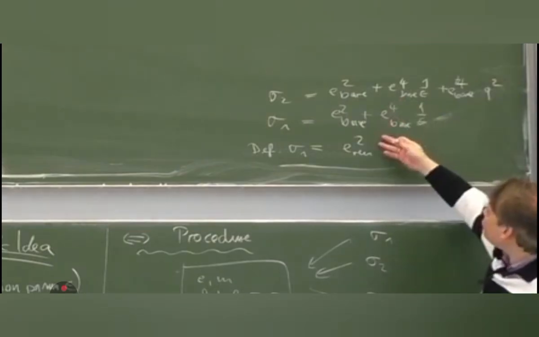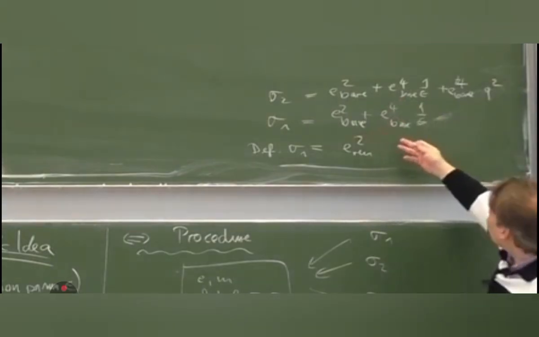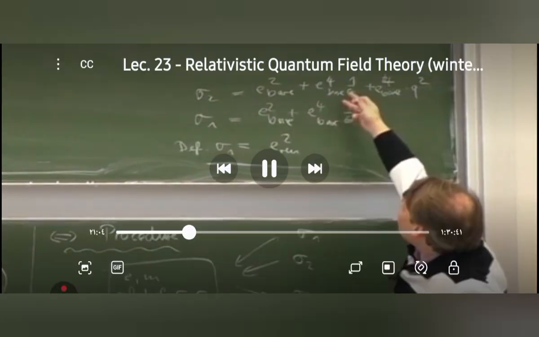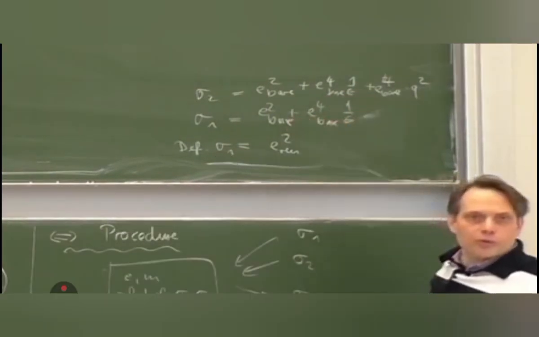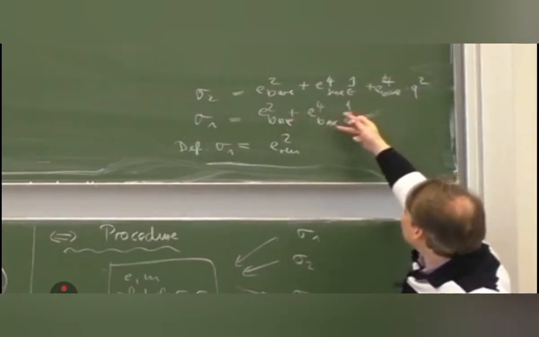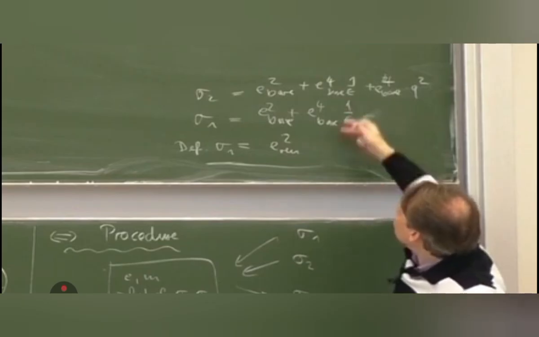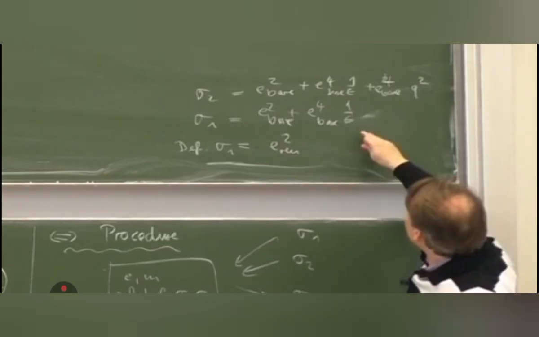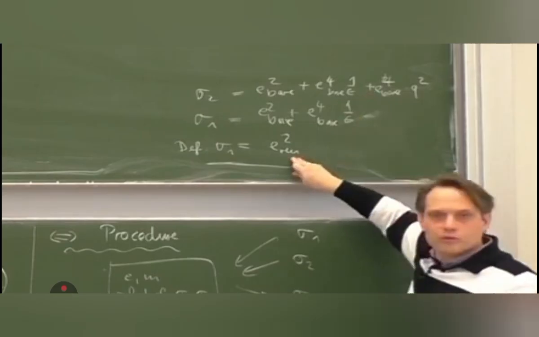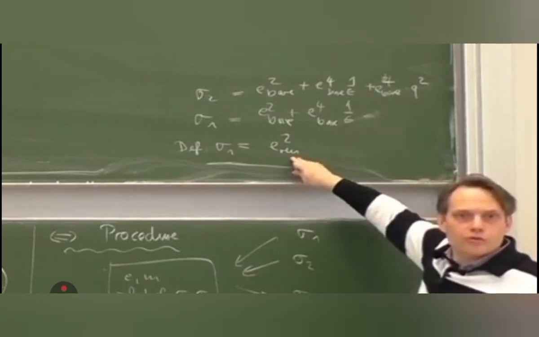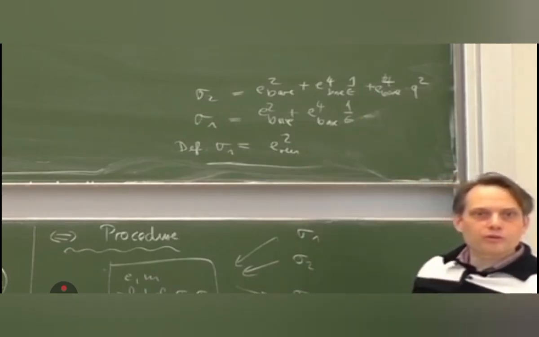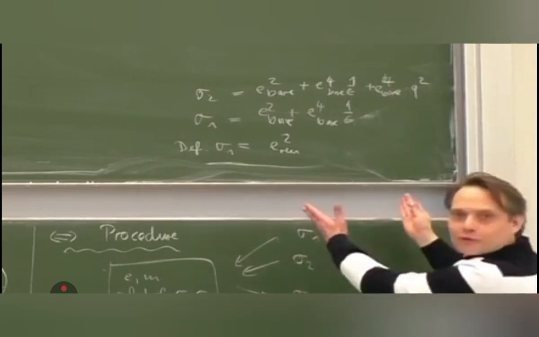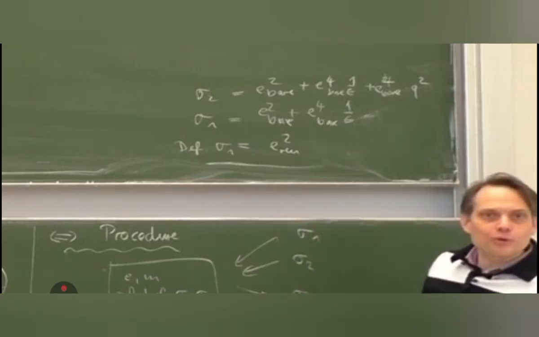Okay, so the second observable is different from the first one, but you see that the second observable differs from the first one by a finite amount only, so you could express sigma 2 as a function of sigma 1 and the result would be finite, or you could express it as a function of this renormalized charge and then the result would be finite as well. So this is kind of the structure in a nutshell that will emerge.